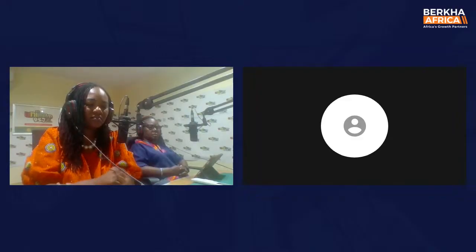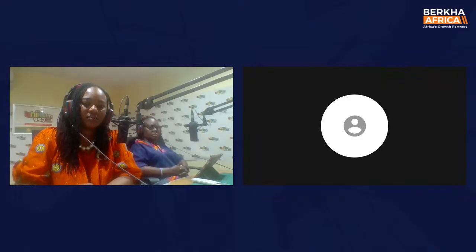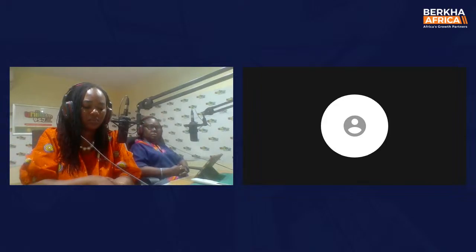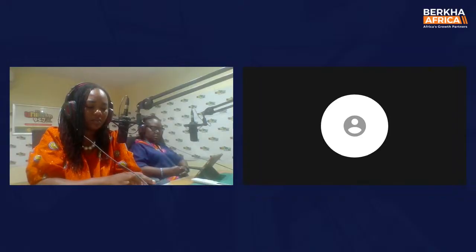I'll just stick with the 3 to keep within our time frame. The key ones are self-awareness, self-regulation, and relationship management, which is being aware of others and managing those relationships.